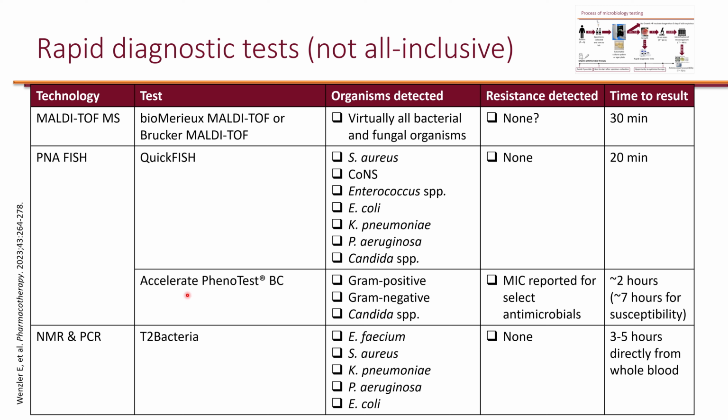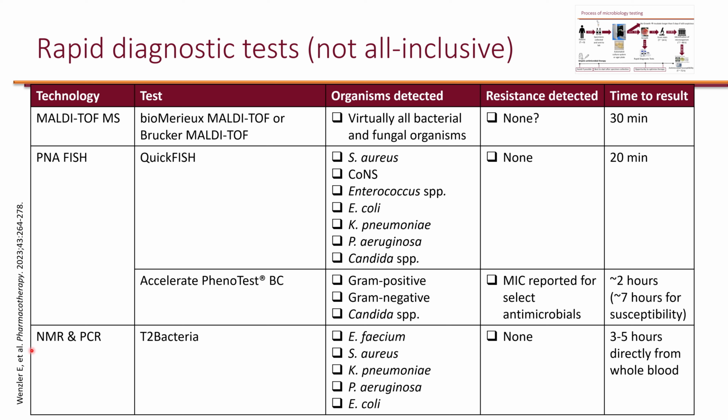And this one is unique because it can also report MICs. In general, it takes about 2 hours to identify these organisms, so it's still pretty fast, and it takes about 7 hours to report susceptibility results for select antimicrobials.